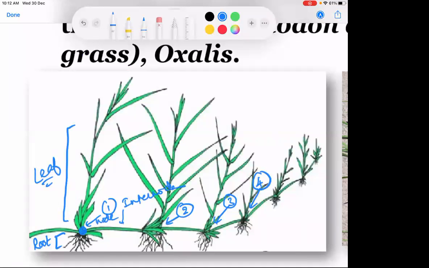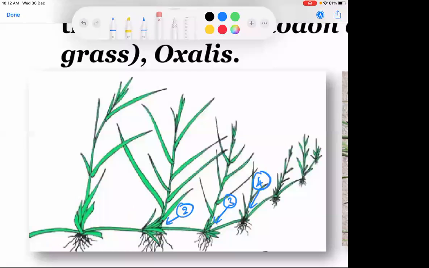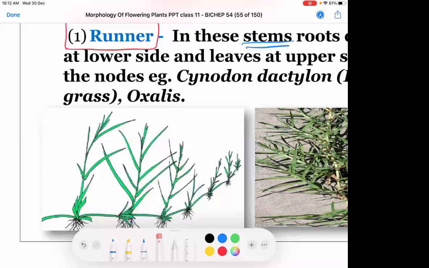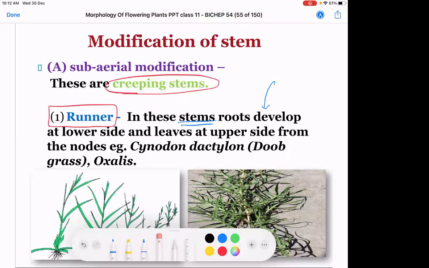So at each node they develop root at the base and leaf on the top. This kind of arrangement is commonly found in grasses, which are found in the gardens around us. It is called a runner. I hope you are clear with that. Yes or no?